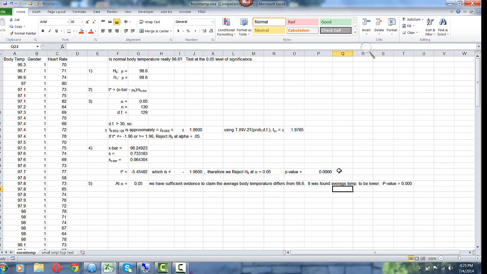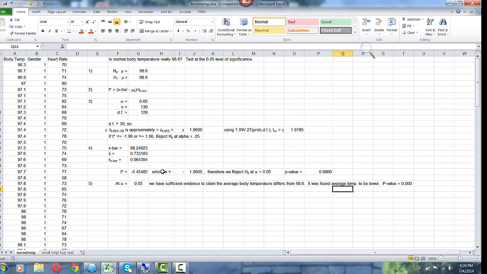Anything over, I don't like the fact that the textbook stopped at 3.09 in their z-table, but they did, so that's what we'll go with. So anything beyond 3.09 or minus 3.09, we're just going to say has an area of 0 beyond that.